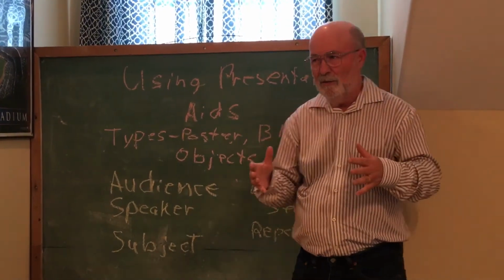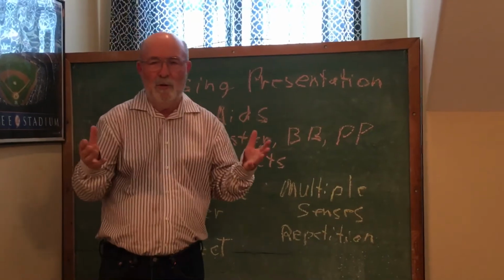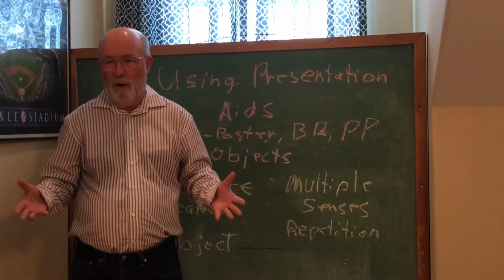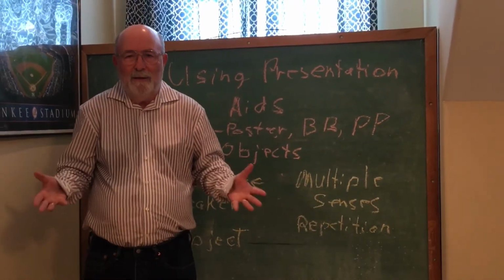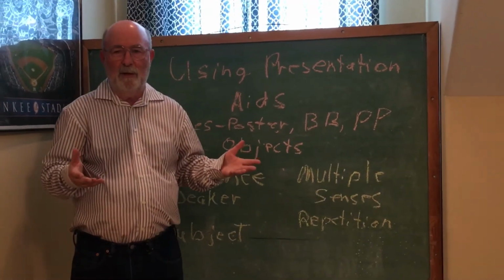So that's another thing you should consider when you're deciding whether you use a presentation aid. And of course, you don't always have to use one. Now, in your persuasive speech, you're required to use some sort of presentation aid, but in real life, you might not need that.